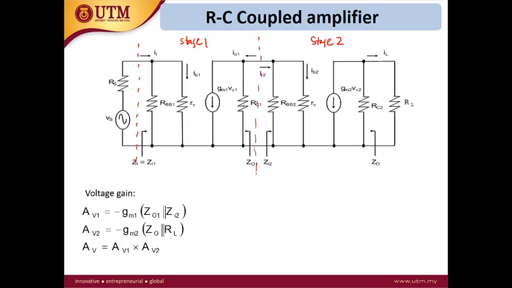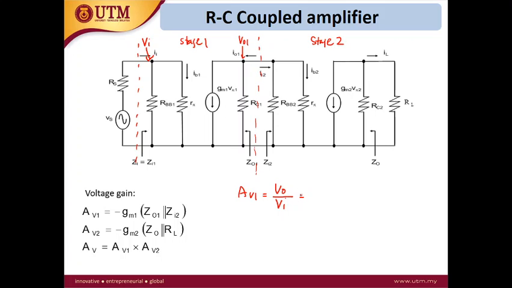Okay, for stage 1, AV1, you need to know the definition. AV1 is the output for stage 1, let's say V out 1, over VI. So the input at stage 1 is VI, and this is V out 1.